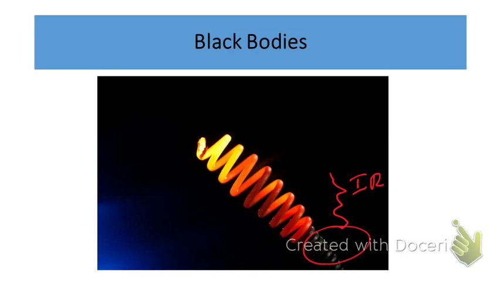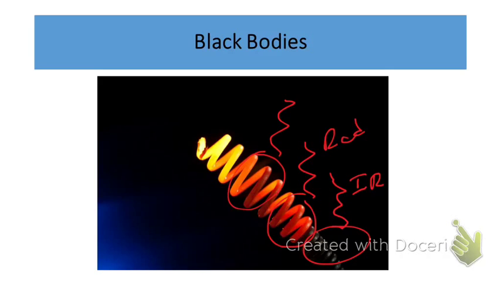And then as the temperature increases, we get more red light coming off of here, so red electromagnetic waves. And then we get orange. And then finally we get some yellow coming off of here at those different temperature gradients.